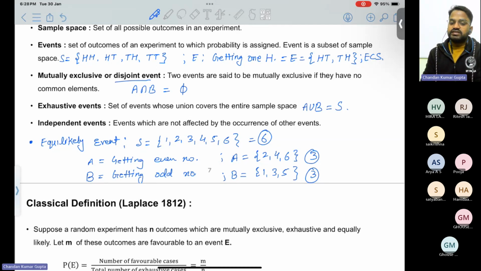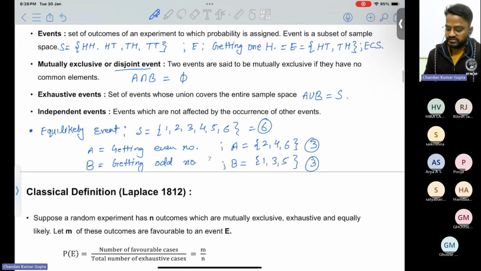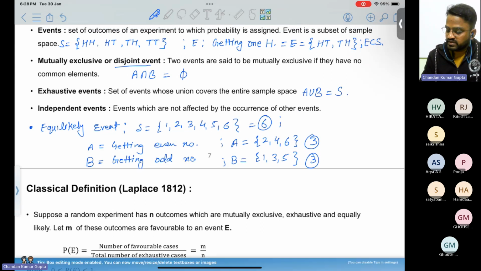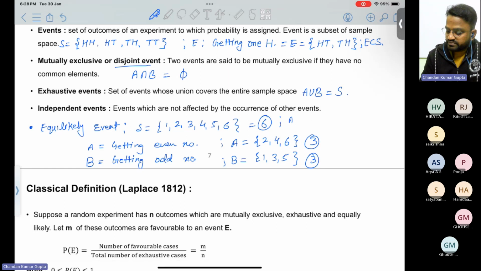The outcome in the second trial does not depend on the first trial. So this is independent of the trial. This is called an independent event, when two or more events are not related. And for checking the independence of two events, suppose again we have two events A and B. Then event A.